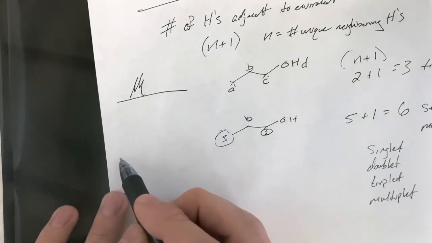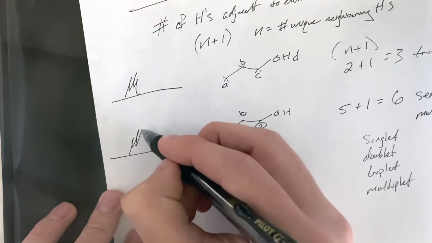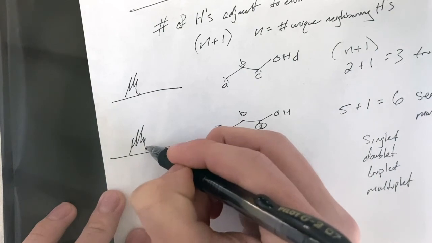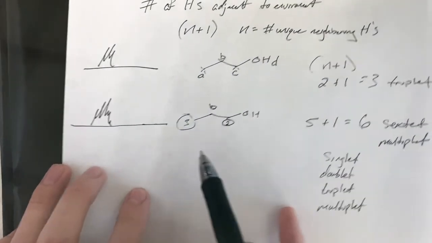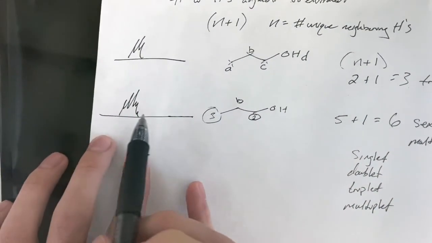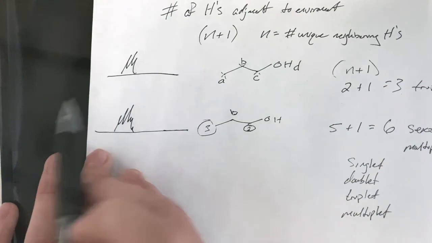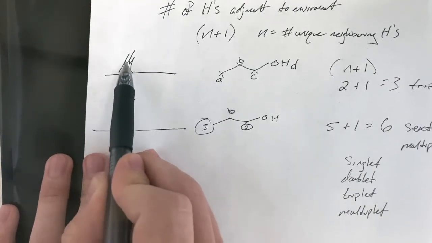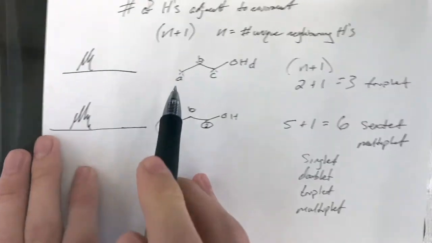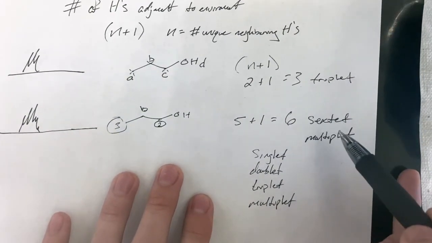And on the graph, it's going to look like this big thing like that. And so these hydrogens are going to show up on the graph like this. And so one way of thinking about it is doing the reverse. If you have a graph, each one of the peaks will tell you what the multiplicity is.